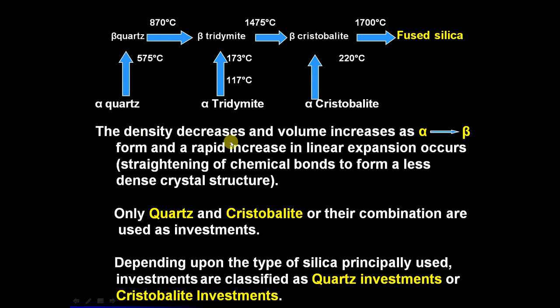The density decreases and the volume increases as alpha goes to beta form, and a rapid increase in linear expansion occurs. So only quartz and cristobalite or their combination are used as investments. Depending upon the type of silica, the principally used investments are classified as quartz investment or cristobalite investment. These names may come.